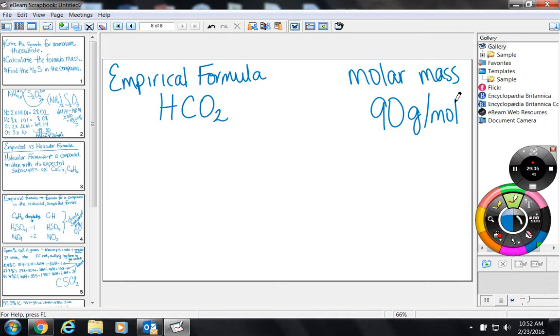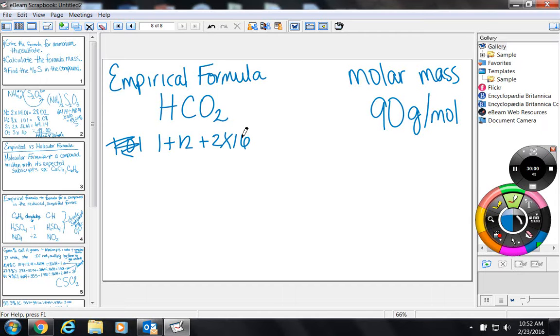How do we figure that out? You can find the mass of anything. So what's the mass of this part? Find the mass of this part. So 1.01, or since they gave us a whole number, let's get rid of the decimals. We're just going to say 1 plus 12 plus 2 times 16.